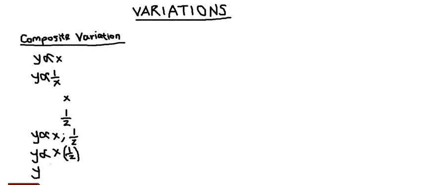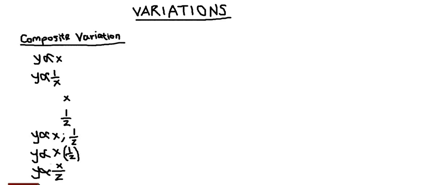So we can say this is the same as saying y varies directly as x and inversely as z. We can express this as a fraction of that nature to show that we have both direct and inverse variation in one situation.